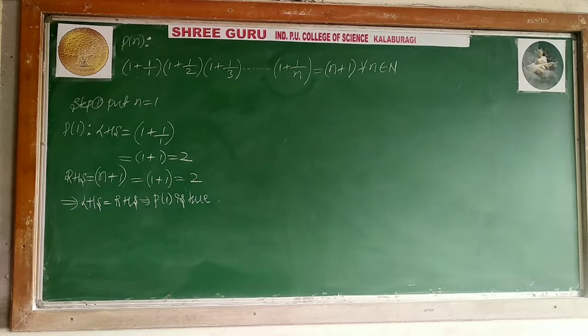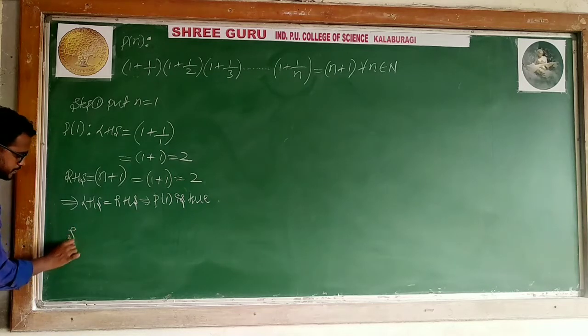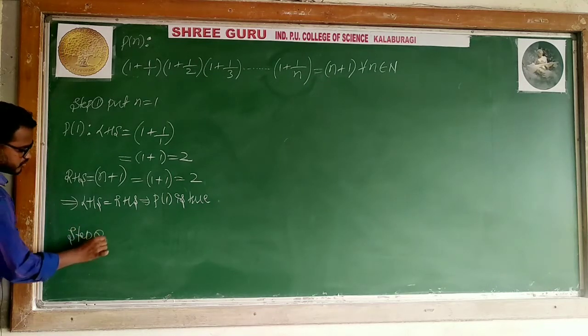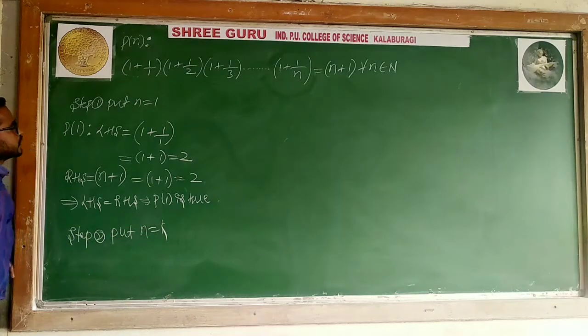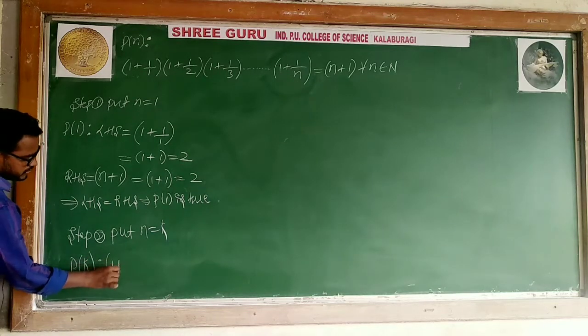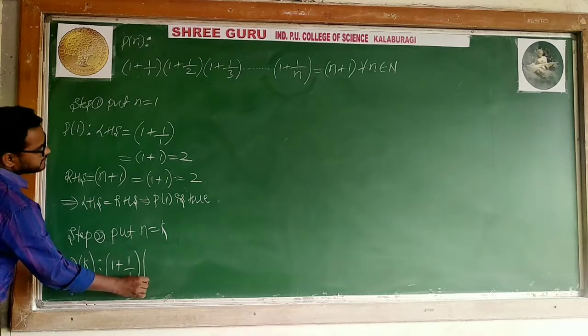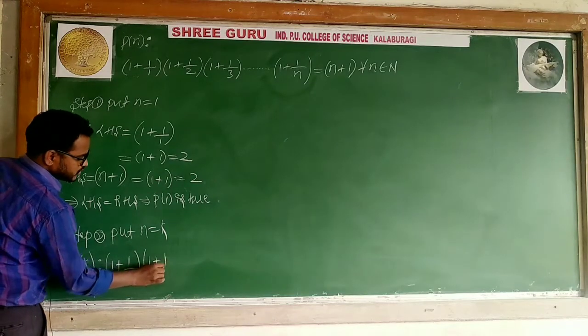Then I will go for n is equal to k. Step 2: put n is equal to k. What is P of k? The first term is 1 plus 1 by 1. The second bracket is 1 plus 1 by 2.